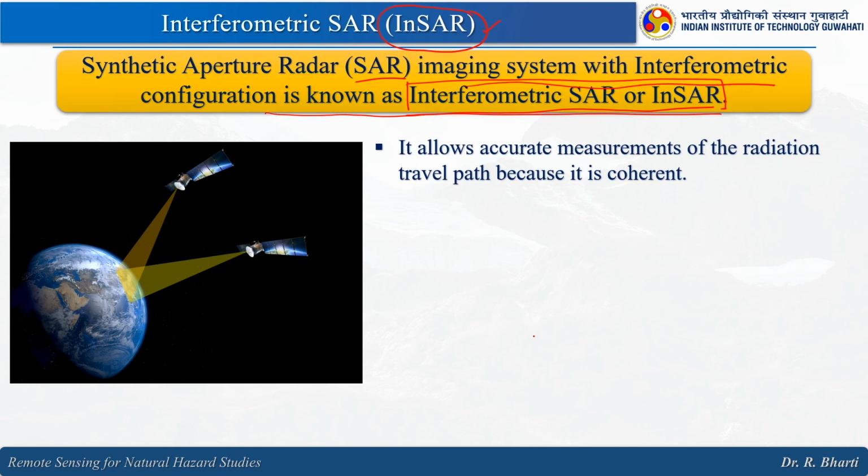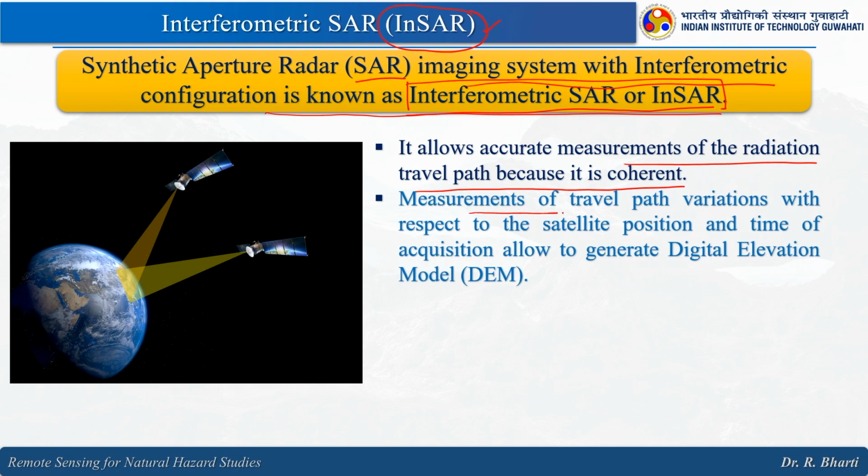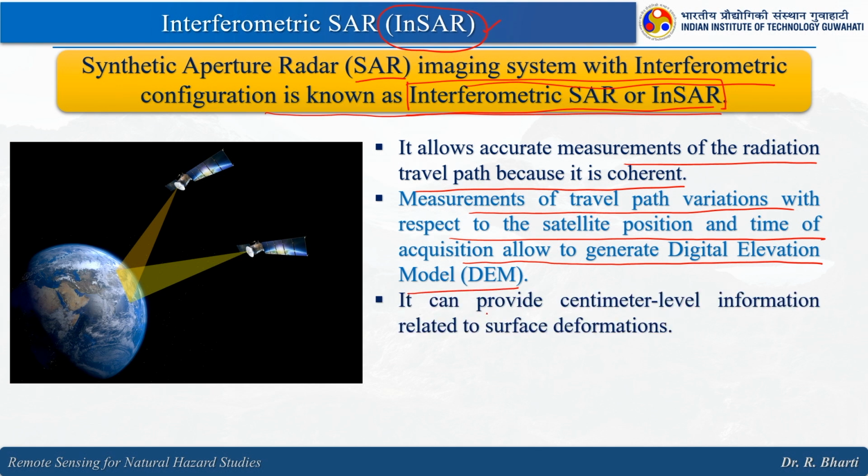Here, it allows accurate measurements of the radiation travel path because it is coherent. Measurement of the travel path variation with respect to the satellite position and time of acquisition allows us to generate a digital elevation model, and it can also provide centimeter level information related to surface deformation.